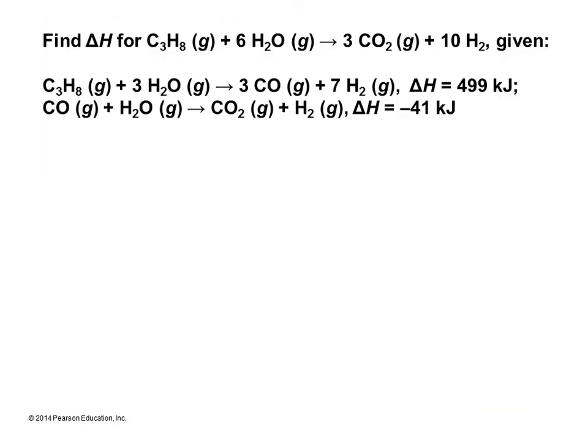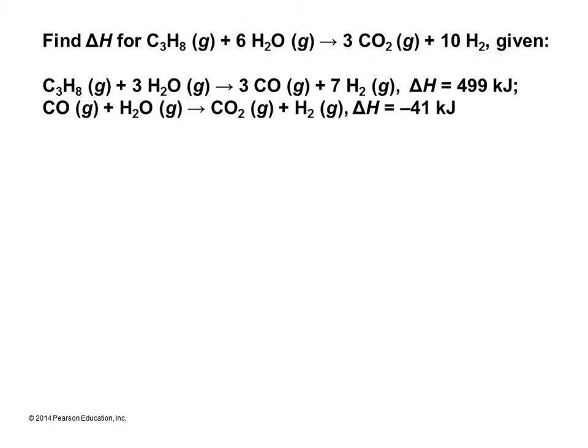Alright, this is a typical type of Hess's law problem. You have an equation right here that you want to know the change in enthalpy for. You don't know its change in enthalpy. You do, however, know the change in enthalpy for two other equations, and your task is to combine these two equations in such a way that they add together to get the third.